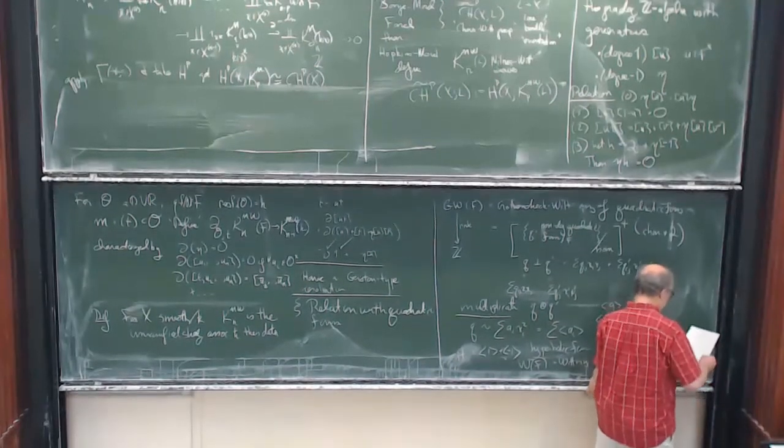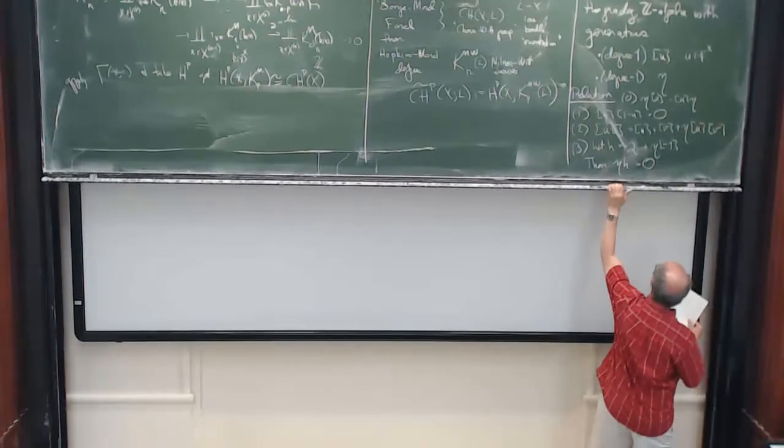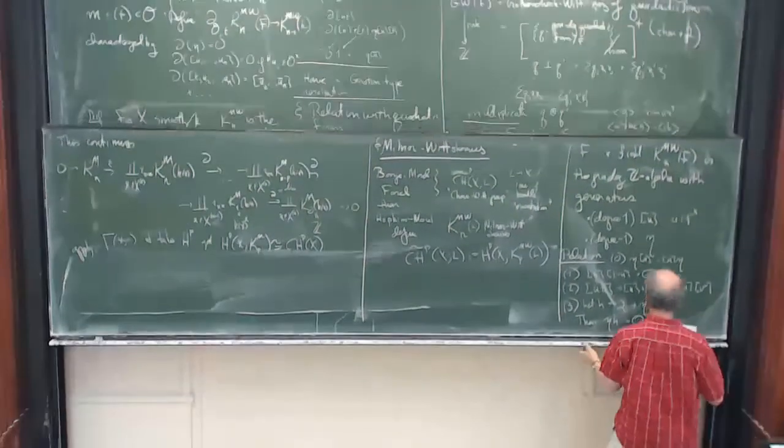Good. So that's the Witt ring, Grothendieck-Witt ring of a field. And what does this have to do with anything?